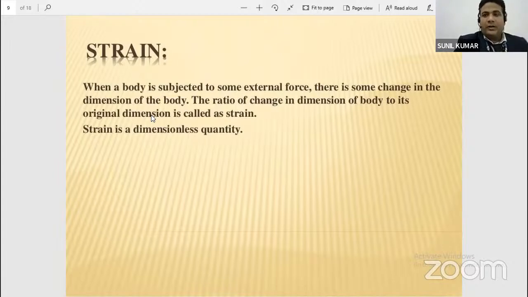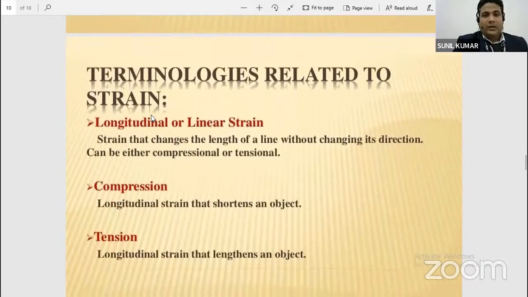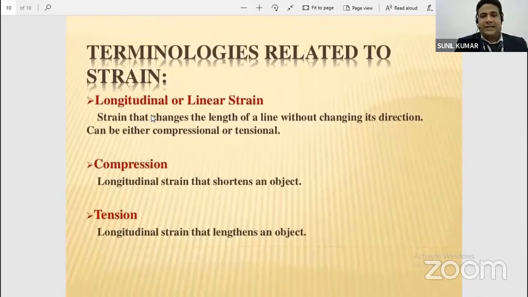Then the terminology related to strain: longitudinal or linear strain, compressive strain, and tensile strain. Longitudinal strain is when the change occurs in the length direction, the linear direction. Compressive strain is when the force is applied in a push condition, opposite in direction, giving change in length divided by original length.